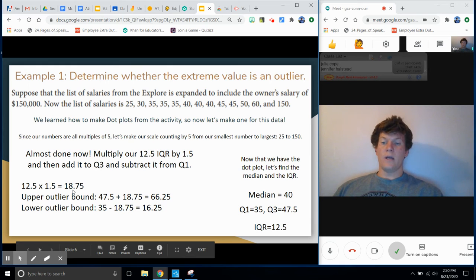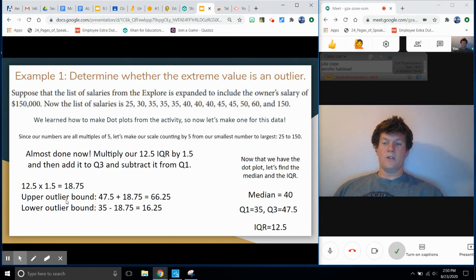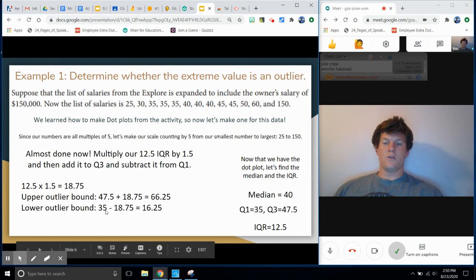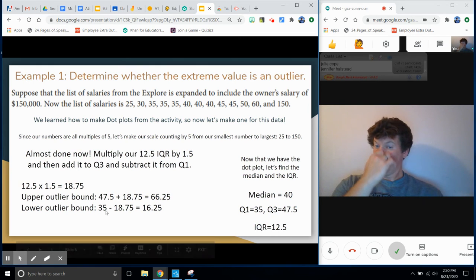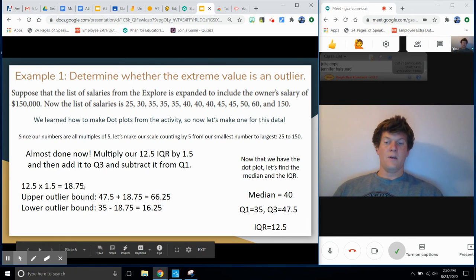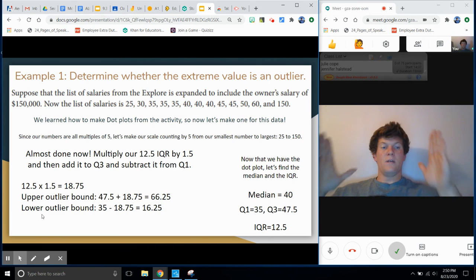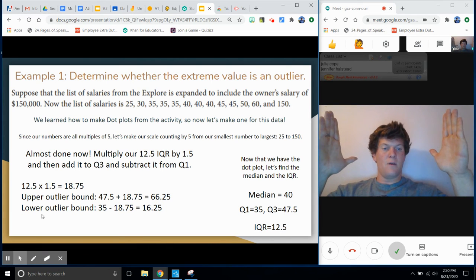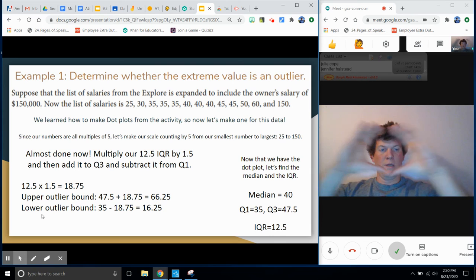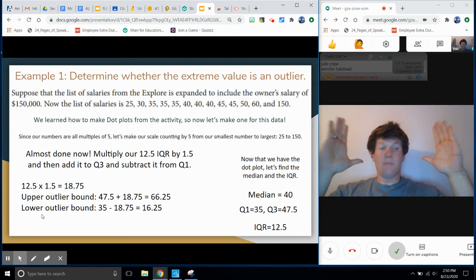Now, looking for outliers, we have to be beyond so much of Q3 and beyond so much of Q1. Since Q3 is bigger, I'm adding that value to it, and I get 66.25. Since Q1 is the lower one, I subtract to see if I can get it much lower, and I get 16.25. So these upper and lower outlier bounds tell me if I'm at this number or in between, I'm not an outlier.